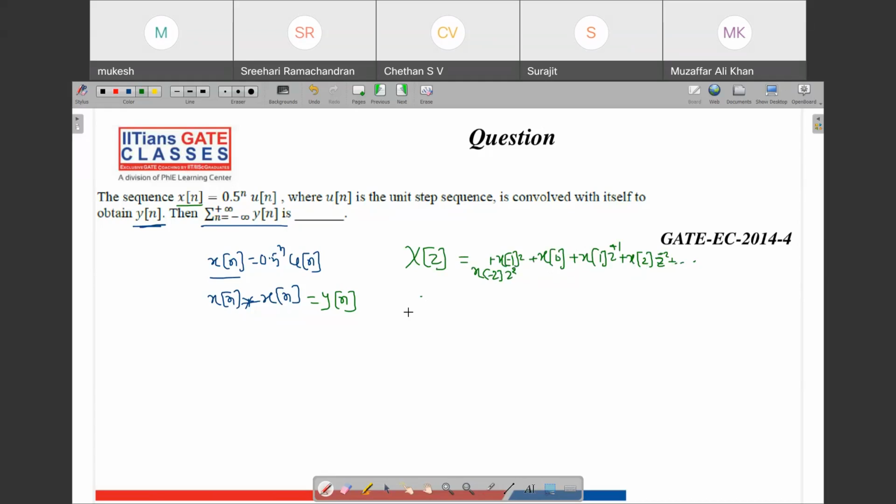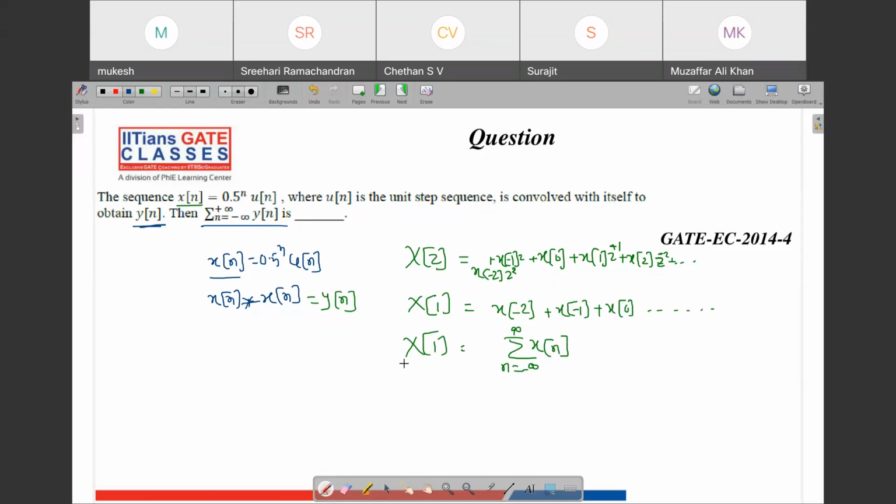Okay, when you make this z equal to 1, what will happen is that essentially you are adding all the x of n. So this capital X of 1, you can also write as the summation n equal to minus infinity to infinity x of n. Correct? So this is the property that we are going to use.